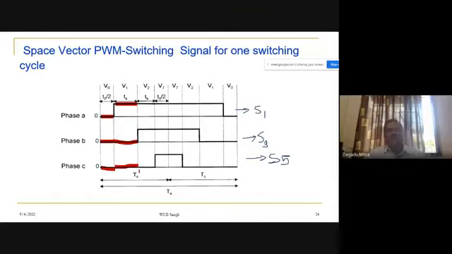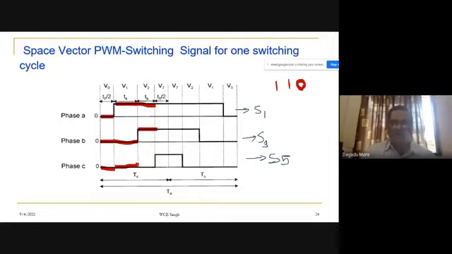Then what is V2? V2 will be 1 1 0. The first 1 means S1 is on, the second 1 means S3 is on, and 0 means the upper S5 is off.